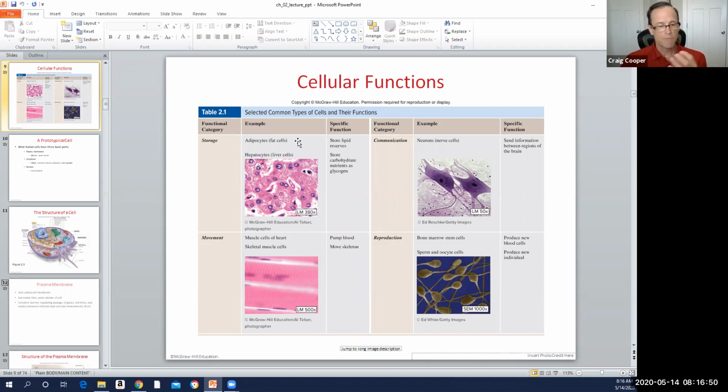If we've eaten too much carbohydrate and we don't need it right now, the body is going to convert that into a fat, and then we're going to store it in these fat cells. If we're starving later and we don't have any food available, our body's like, oh, I know where I still have some of that stuff we could use. So we'll be able to break it out of the cell, change its shape, and convert it back to a carbohydrate if that's what we need it for, or keep it as a fat if we want to burn the fat as energy also. So we do have storage roles.